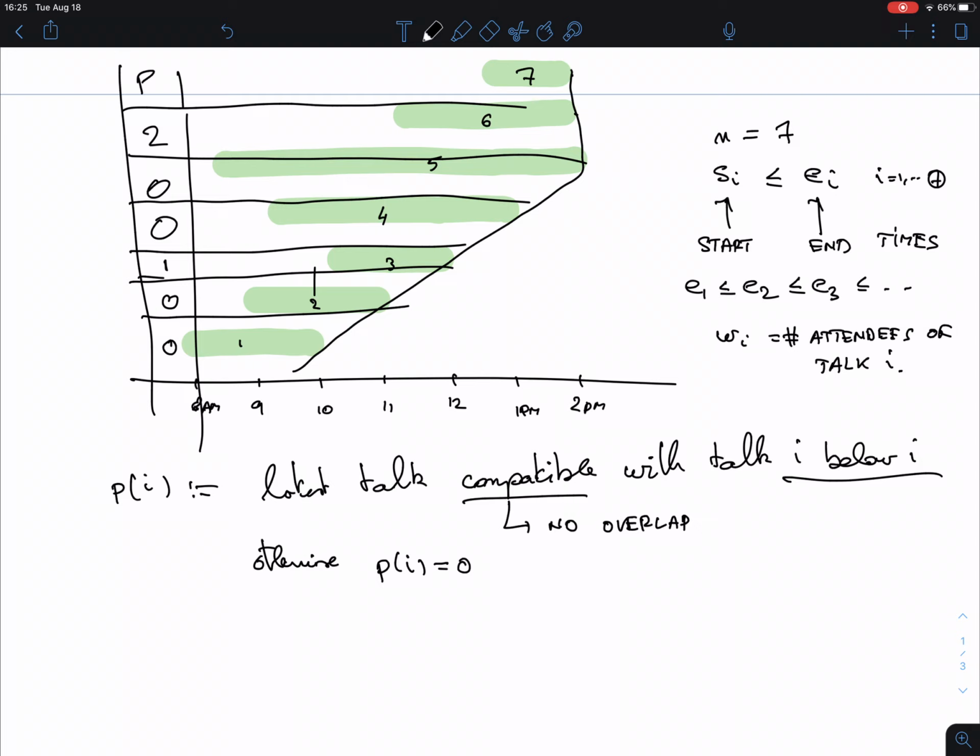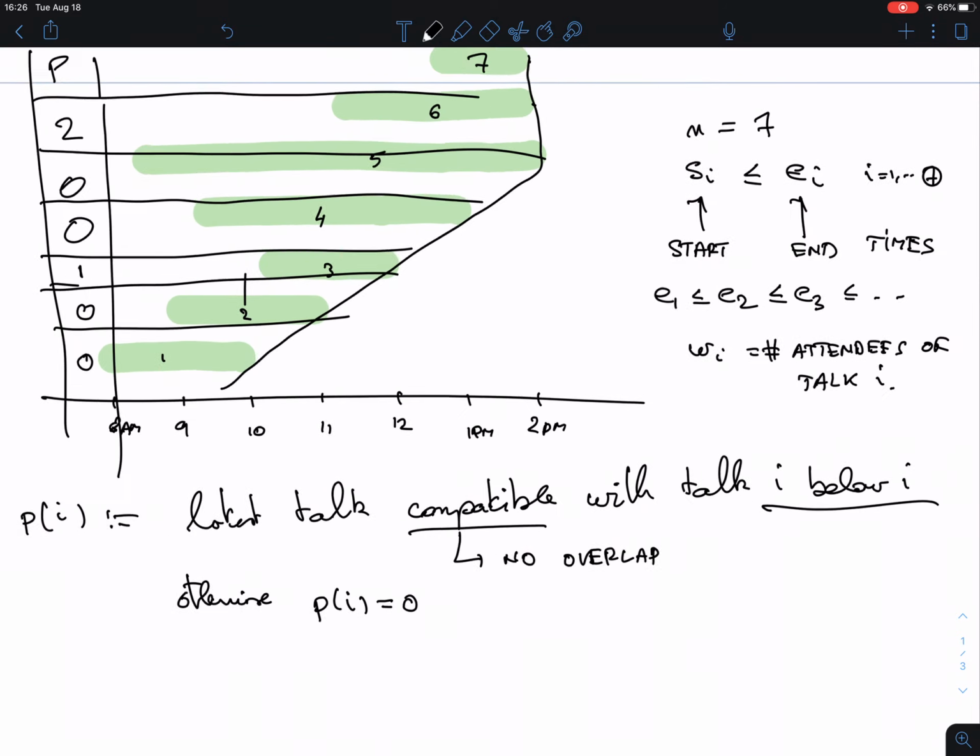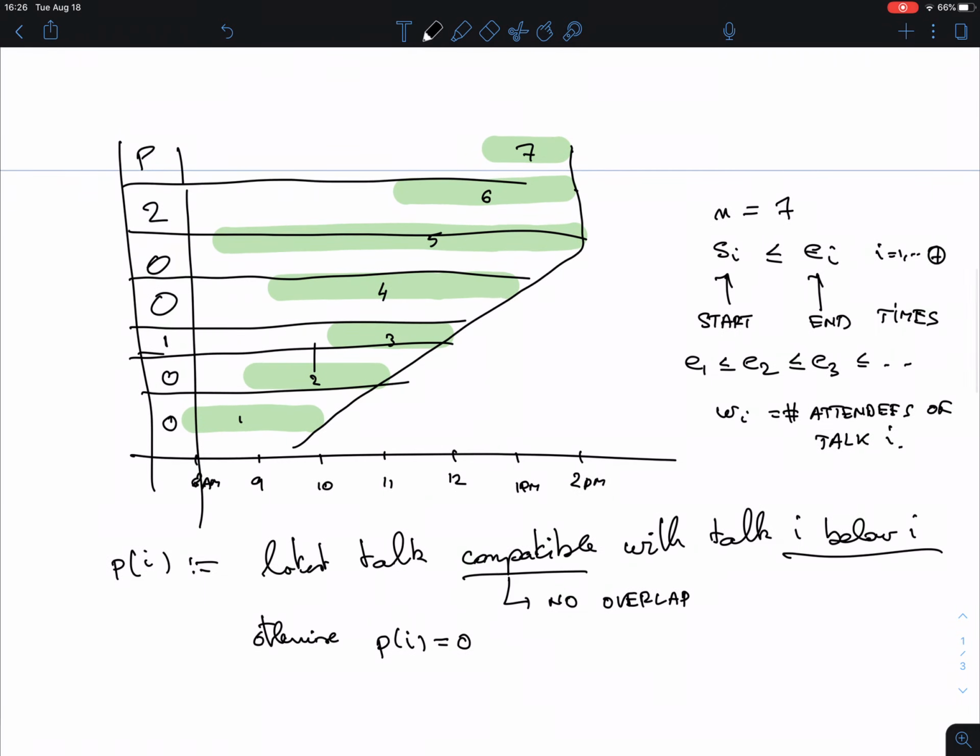And what about 7? Well, 1 is compatible, 2 is compatible, 3 is compatible, is 4 compatible? I might have drawn it a little bit awkwardly, but it should have been compatible. Sorry about that. They're supposed to start and end at 1 p.m. here. So let me get my drawing a little bit better of this one. This is supposed to be starting exactly at 1 p.m. when 4 ends.